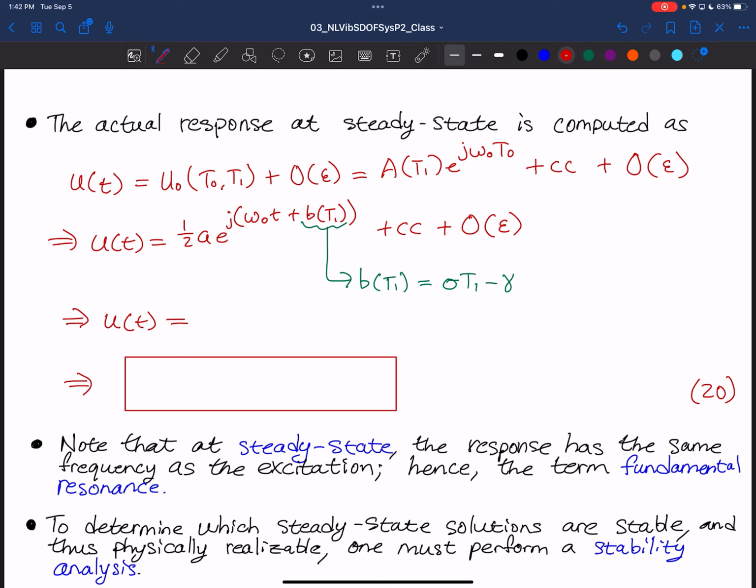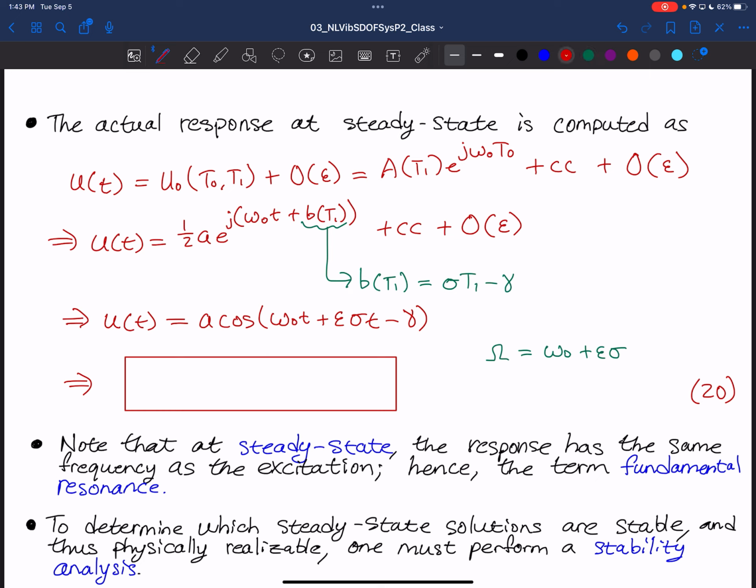We can then reduce this down to A times the cosine of omega0 t plus epsilon sigma t minus gamma. I'll just do this quickly on the side. Earlier we said that omega was equal to omega0 plus epsilon times sigma.